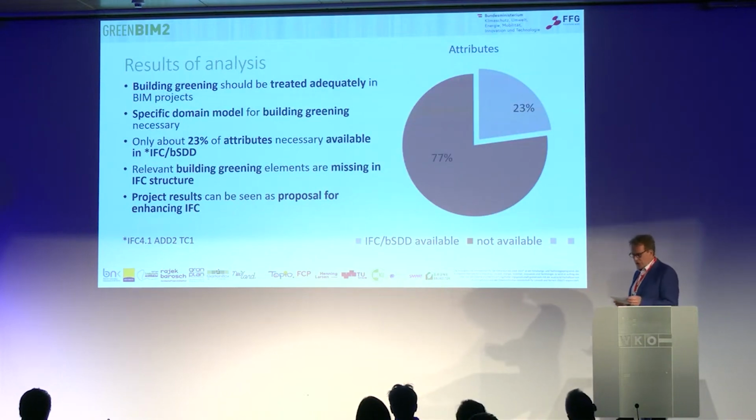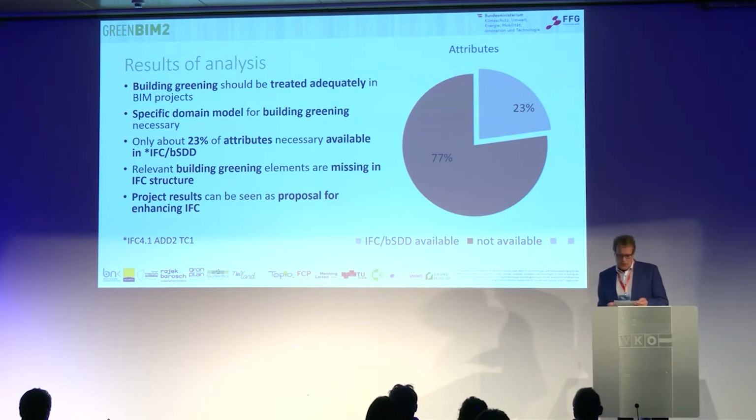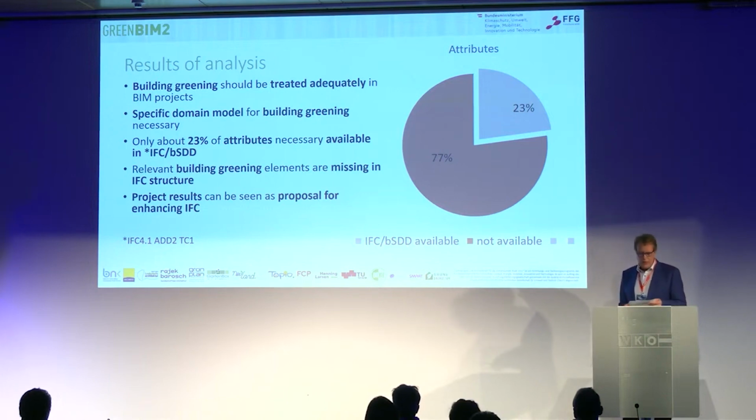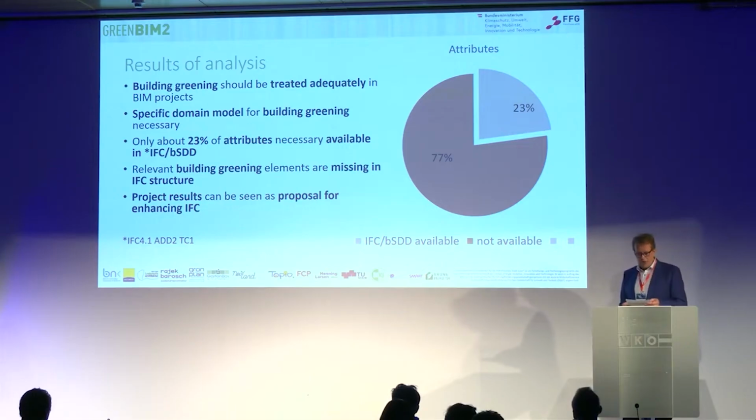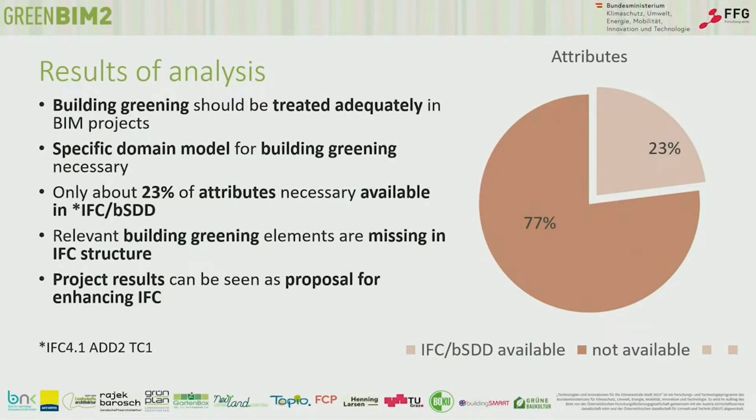The results show that in future BIM projects with building greening, a specific domain model for building greening should be established. Only 23% of attributes necessary, mostly very general attributes, are possible to transfer with IFC.